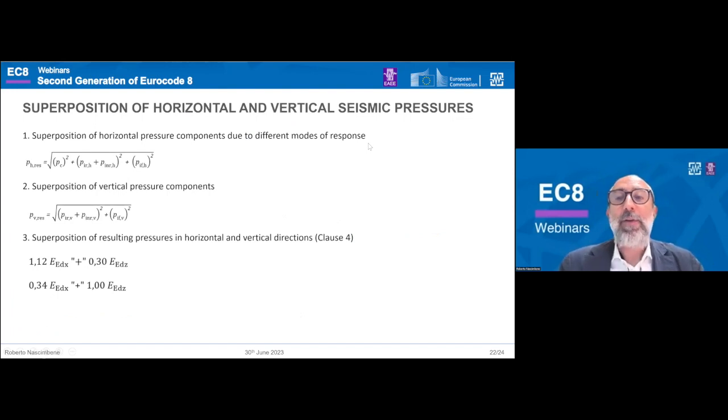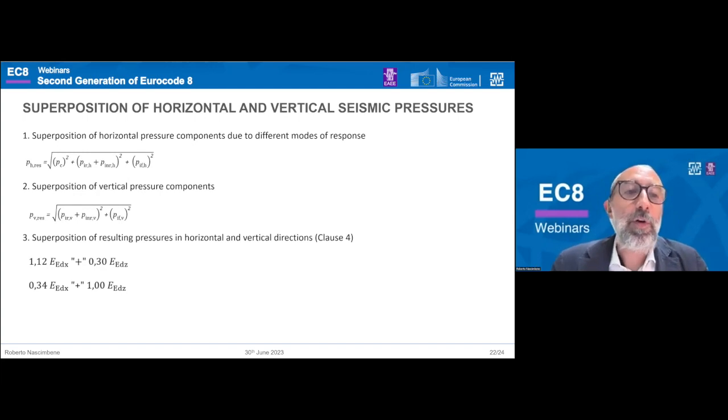Then the last part is very important, the superposition rule. Here, our decision in the second generation code was to use the square root of the sum of the squares rule, SRSS rule. We completely removed the absolute maxima rule.